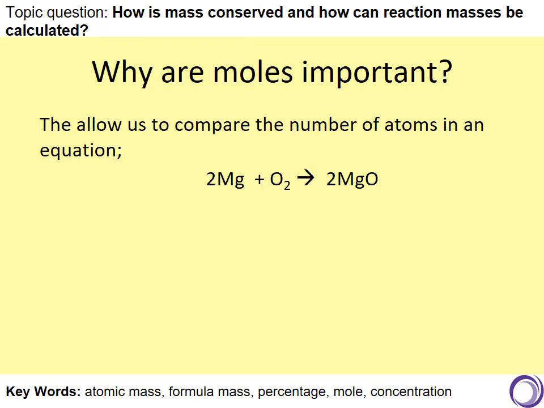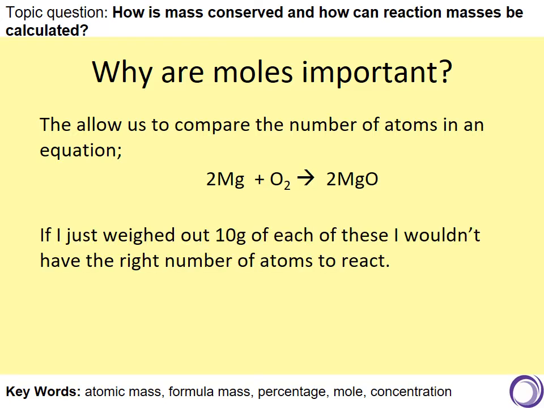But why is that important? Well, here I have an equation where 2 moles of magnesium react with 1 mole of oxygen to produce 2 moles of magnesium oxide, and that's what those large numbers before signify, that they signify moles. Now if I just weighed out 10 grams of each of these, I wouldn't have the right number of atoms to react.